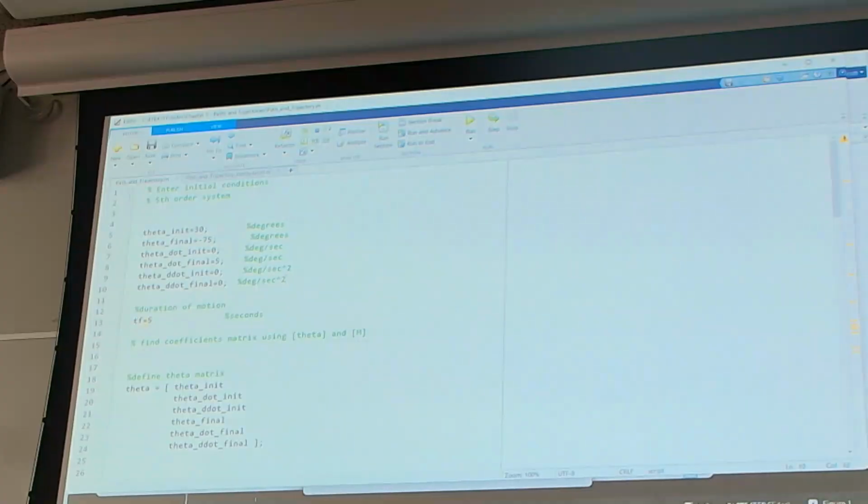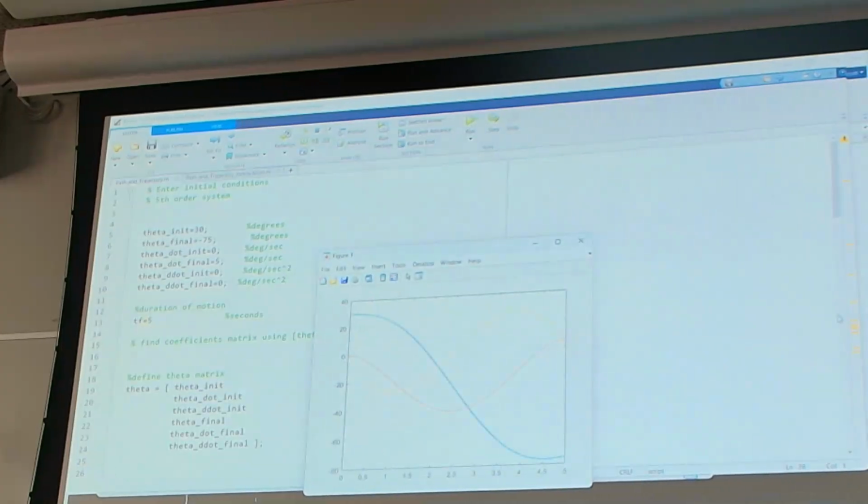In fact, let me just clear all these graphs. I should have a statement that says clear graphs, please. Run. There you go. But notice, we started at 0 acceleration. Notice what kind of acceleration we're going to have. Quite a bit. Anything else?